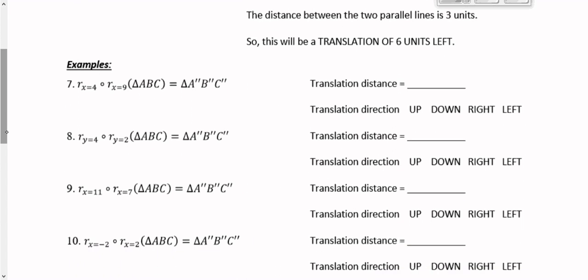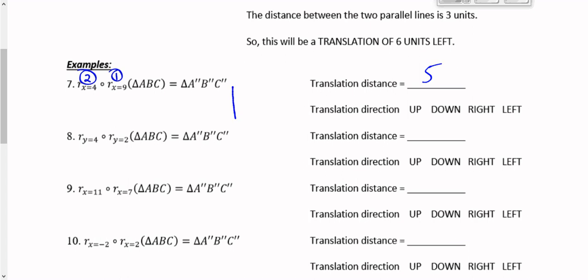Okay? So, first of all, line is going to reflect first in x equals 9, and then in x equals 4. So let's get the translation distance down first. How far will it translate if we reflect twice in those lines? What's the distance between x equals 9 and 4? 5. So which way do we think it's going to go? Okay, let's make sure. Let's make a little graph.